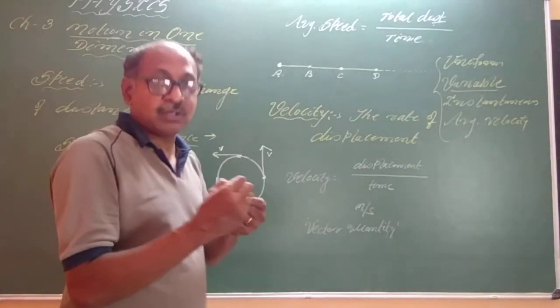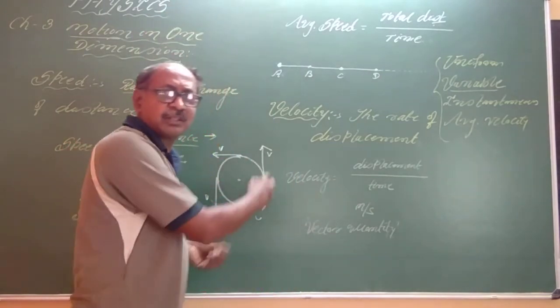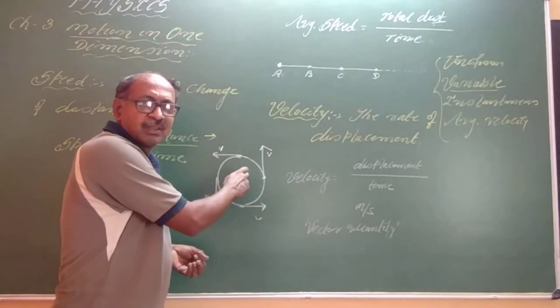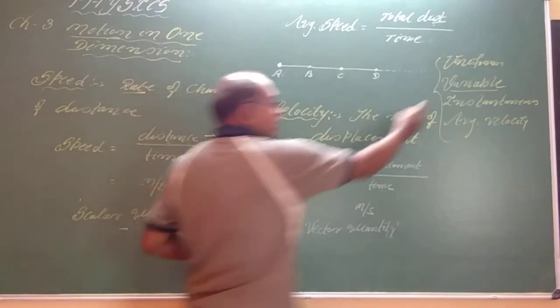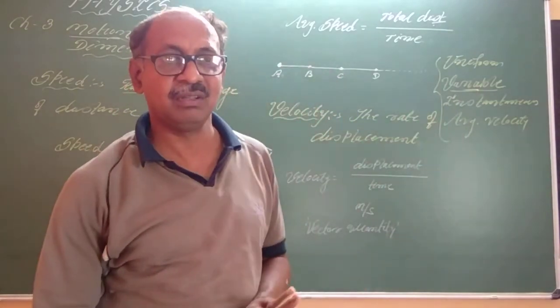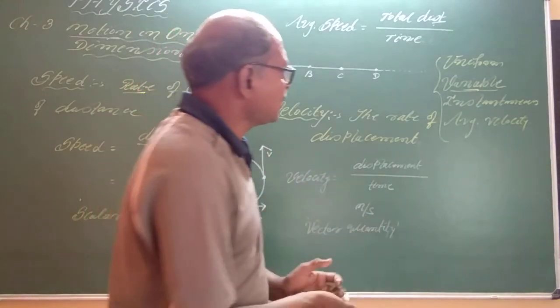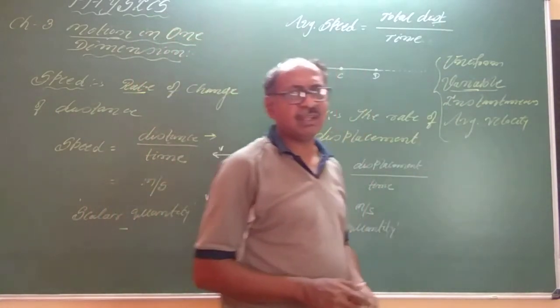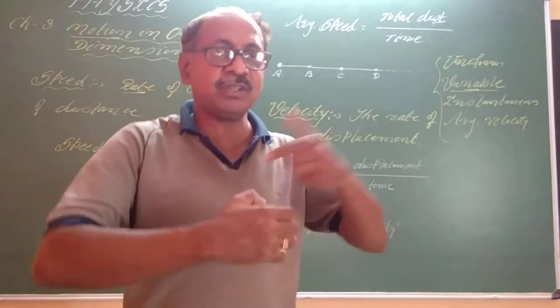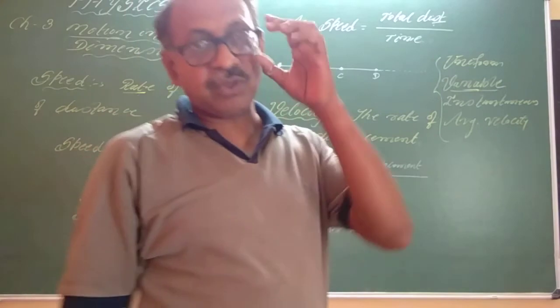The direction of the body changes at each and every point in a circular motion, so it is called variable velocity. Then, instantaneous velocity: each and every time the velocity changes, so that is called instantaneous velocity.